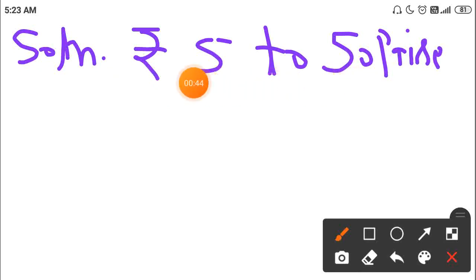In this, rupees 5 and 50 paise both have different units. The first one is rupees and the second one is paise. So first we convert rupees into paise.